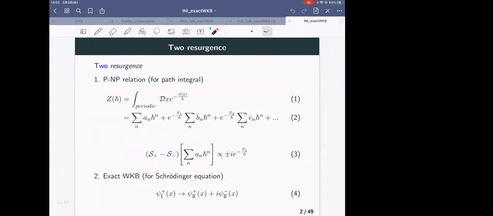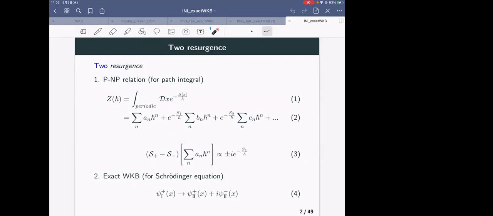So in physics, there are two resurgence, or you can say two Stokes phenomena. The first one is the P-NP relation. This is basically calculated by the path integral method and focused on some physical quantity.